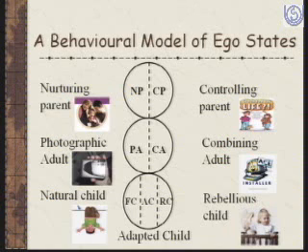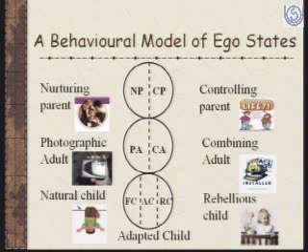The third one is the child ego state, where we see three different sections. Sometimes we show behavior of a natural child, which can also be called a free child. Sometimes we show rebellion, known as the rebellious child behavior.